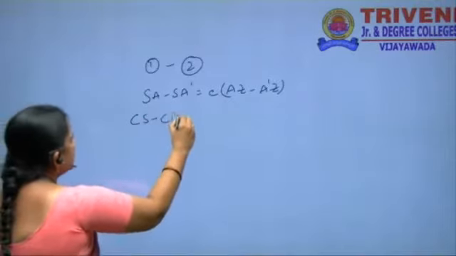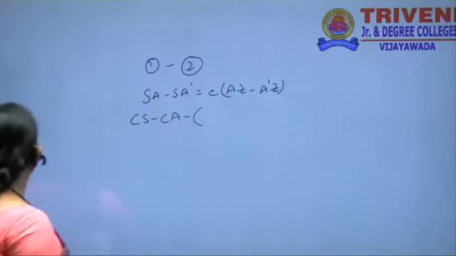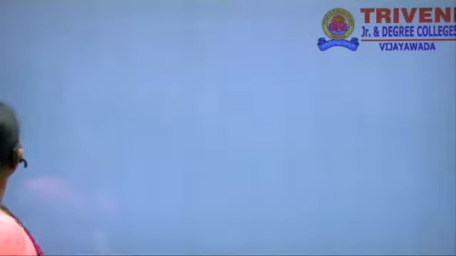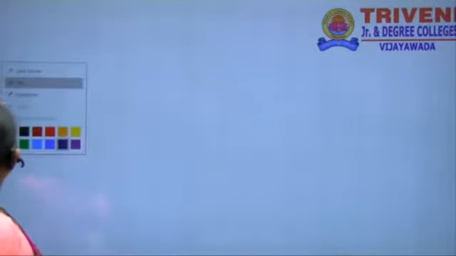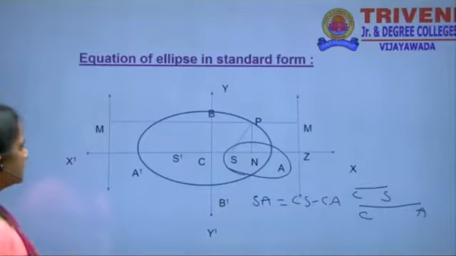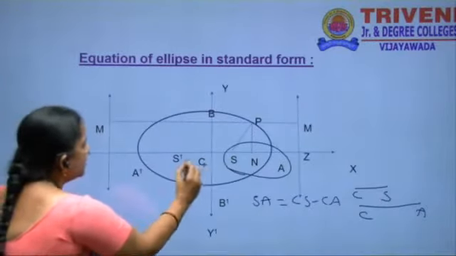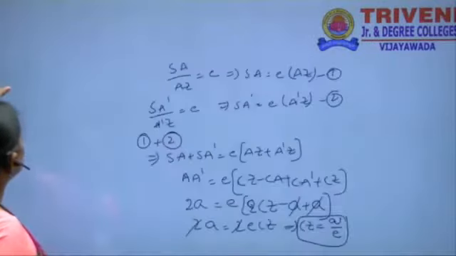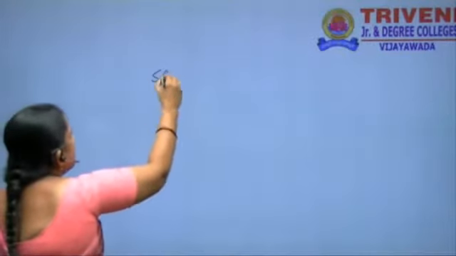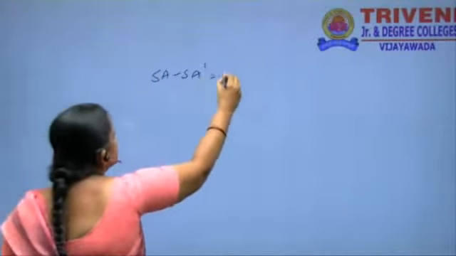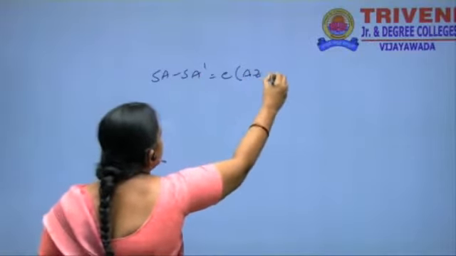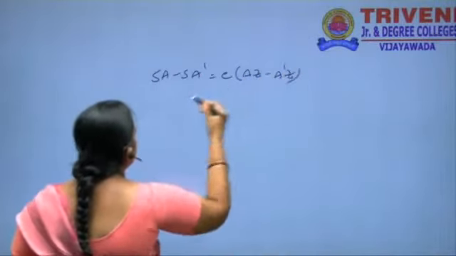CS minus CA minus, and then we have to write here the value of SA dash. SA minus SA dash is equal to E into AZ minus A dash Z.